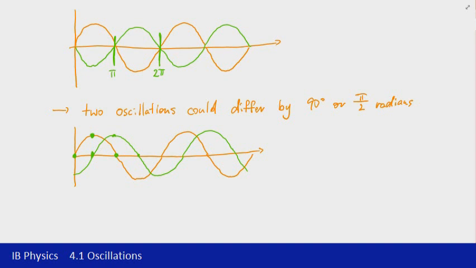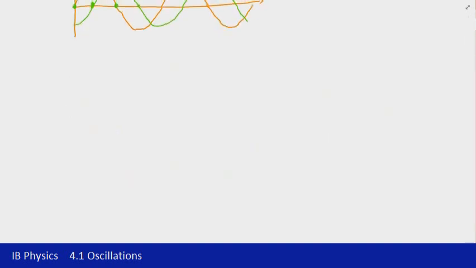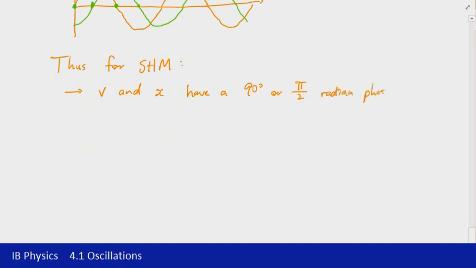But for the purposes of what we're looking at, getting back to this idea for simple harmonic motion, we have some phase differences that we can talk about. For simple harmonic motion, we would say that the velocity and displacement, so v and x, have a 90 degree or pi on 2 phase difference, given that, as we saw before, velocity is 0 when displacement is at a maximum.